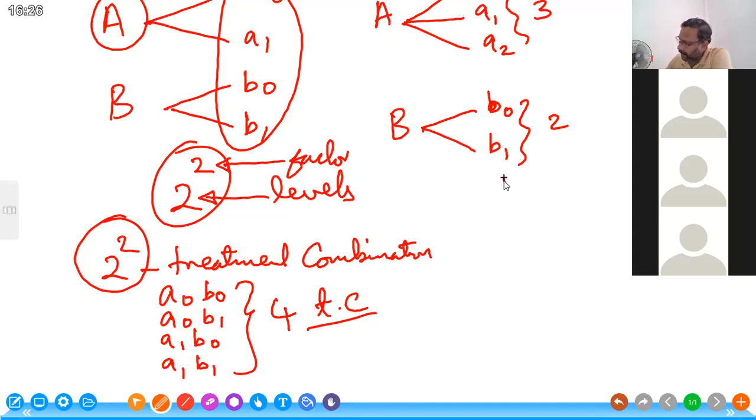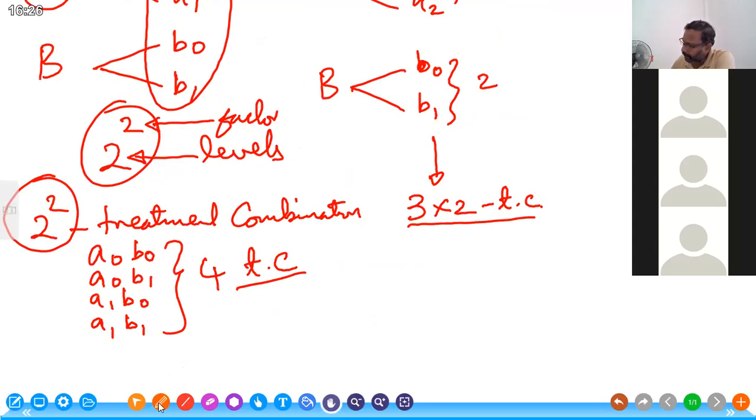Similarly, how many treatment combinations are there for the second case? 3 into 2, so that means 6 treatment combinations. What are the 6 treatment combinations?